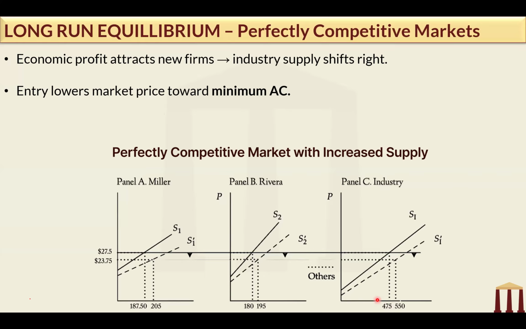So earlier at 27.5, let's say the equilibrium quantity was 475, but now you have a much higher quantity at that price. That is why the price will reduce, in this case as an example, from 27.5 to 23.75. Is this clear to everyone? Why is the price decreasing?